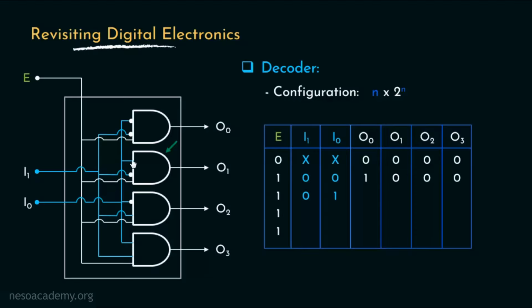So since all the input lines in the AND gate are 1s, the output of O1 will produce 1 only. For the rest, here I0 will be fed as 0 for this particular bubble, and here I1 itself is fed as 0. Therefore, all these will produce 0 only.